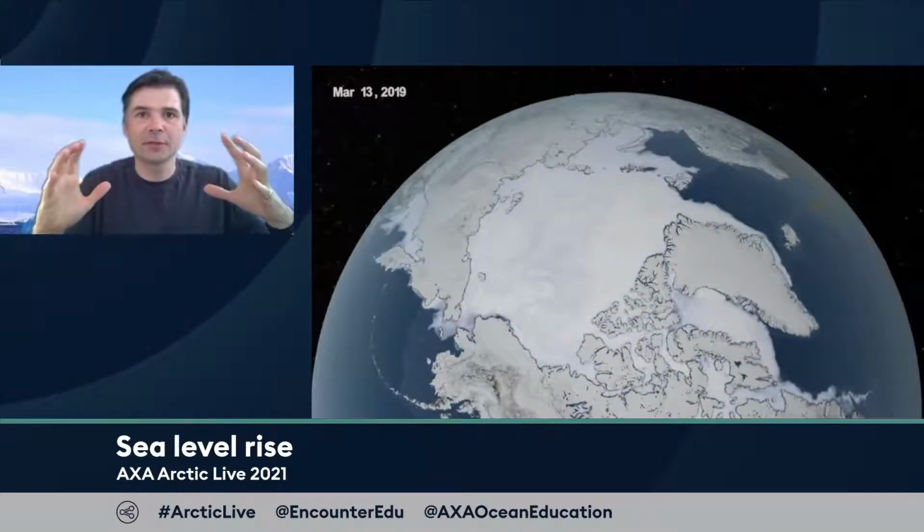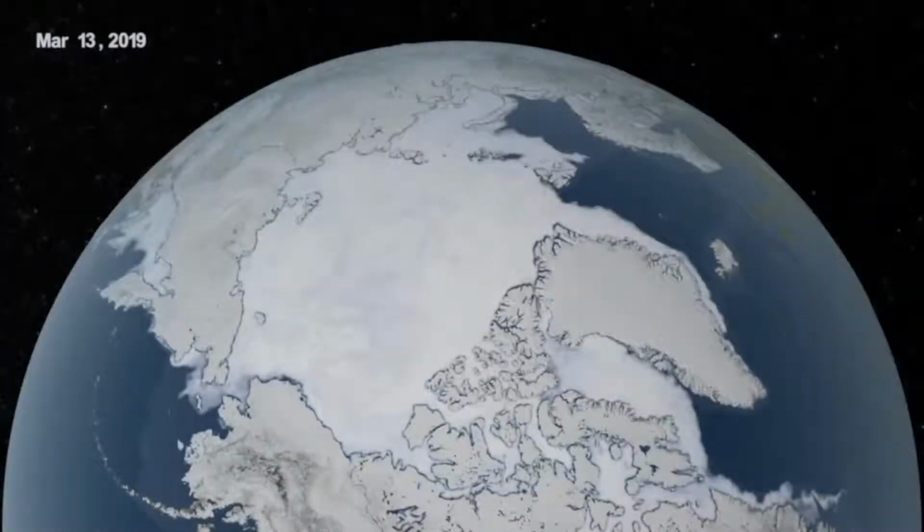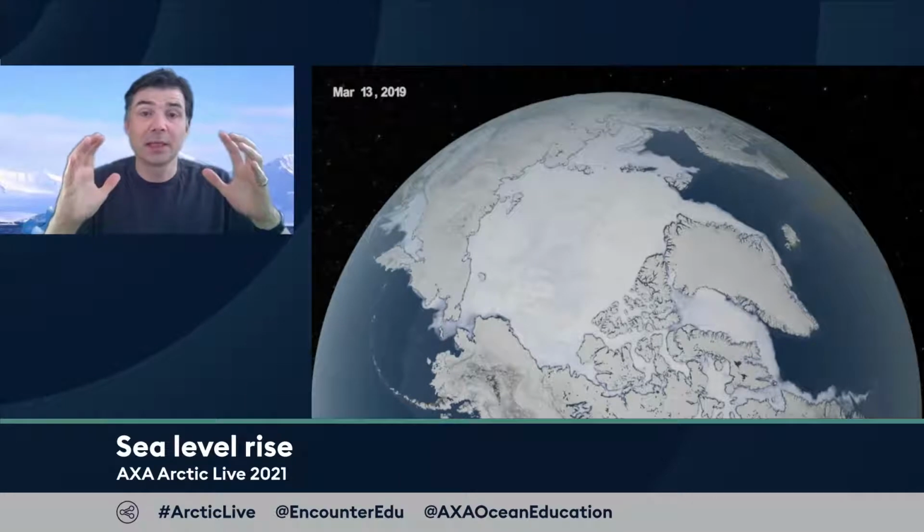So that changes from about 2.5 million square kilometers in the summer, then grows out to about 6 million square kilometers in the winter. So expanding like double, triple the amount of sea ice on a seasonal basis. Now, with the changes that are happening on the planet, we're seeing the minimums in the summer get smaller and the maximums in the winter also slightly smaller.